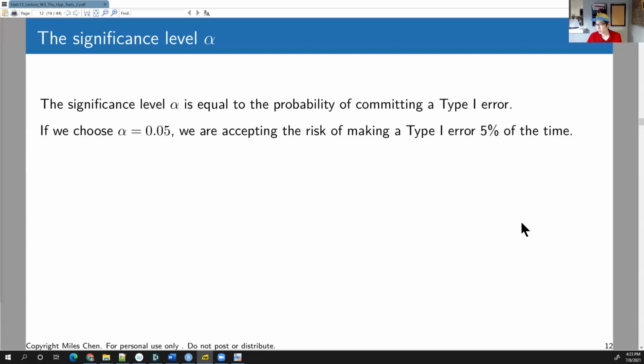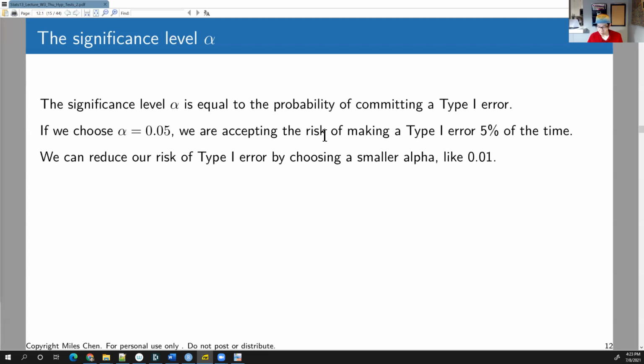Okay, so we accept this risk of making a type 1 error 5% of the time. You can reduce your risk of type 1 error by choosing a smaller alpha. You can say, well, I don't want to make a type 1 error 5% of the time. I want to only make a type 1 error like 1% of the time, or 1/2 of 1% of the time. And you can do that.